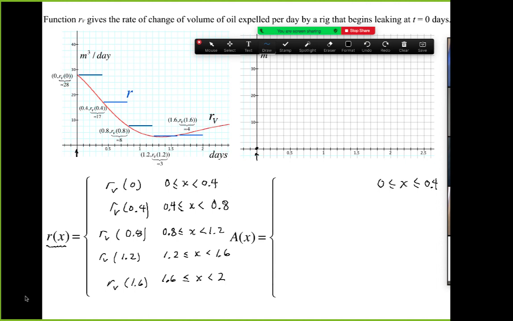What will the approximate accumulation graph look like from 0 to 0.4? It should be a line. He wants a line. What do you guys think? Line, because we got a constant rate of change. So we're going to have some line like this. So we got to write the equation of that line for all corresponding points.